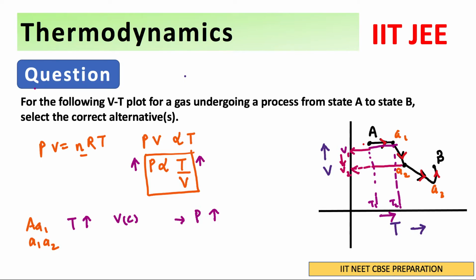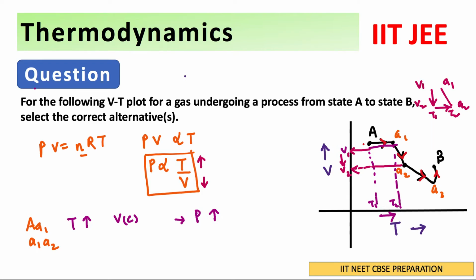So in this situation, volume is decreasing. And what about temperature? Temperature is still increasing, because it went from here to here. This is A1, and this is A2. So temperature has moved from T1 to T2 and volume has come down from V1 to V2.